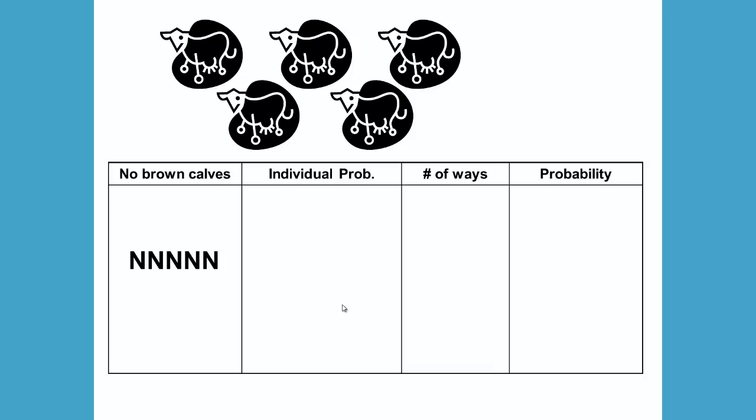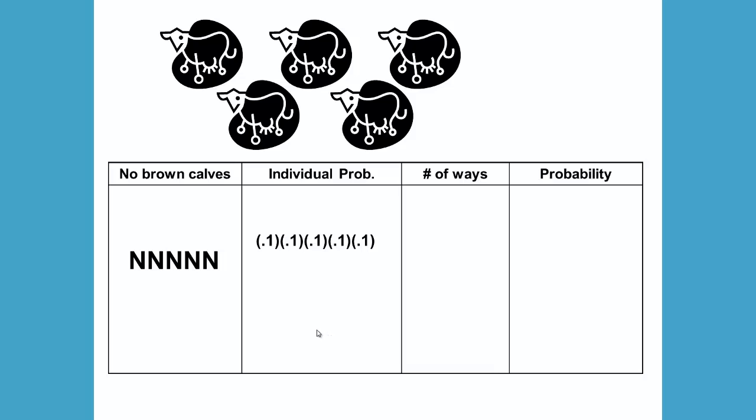Well, the probability of the first cow not being brown is 0.1. The probability of the second cow not being brown is 0.1. The probability of the third cow not being brown is 0.1. The fourth cow, 0.1. The fifth cow, 0.1.